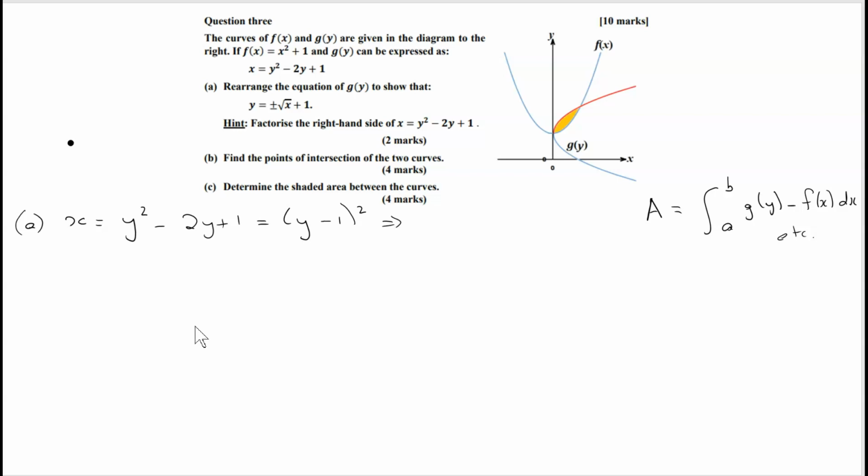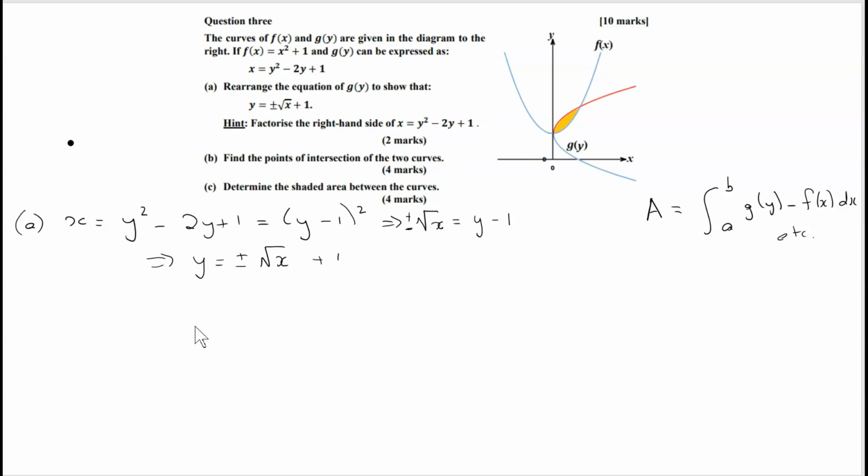So then you can say quite comfortably that root x equals y minus 1, and then from there, really you probably should say plus or minus, then you can say that y equals plus or minus root x plus 1.